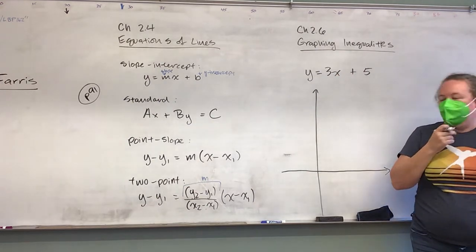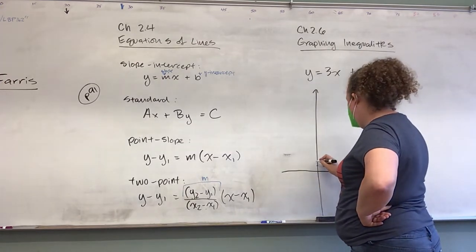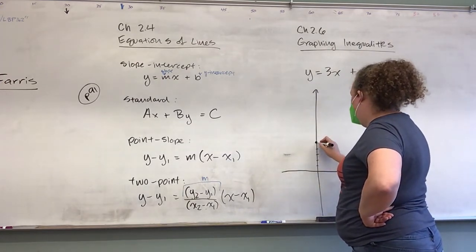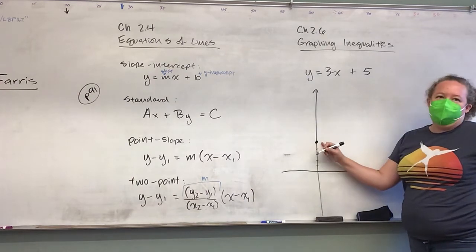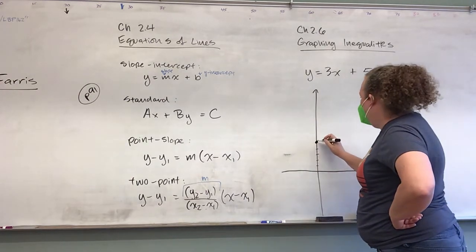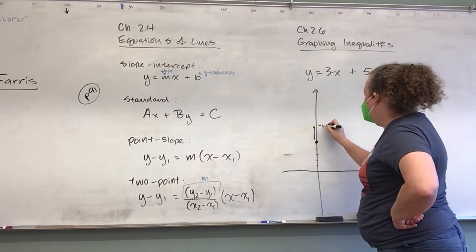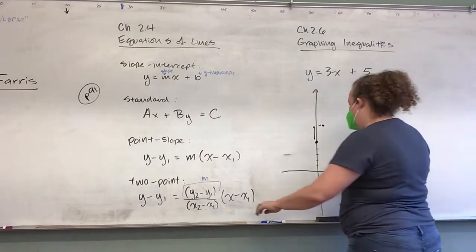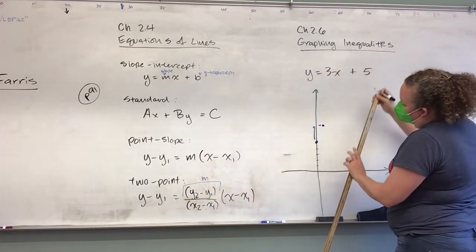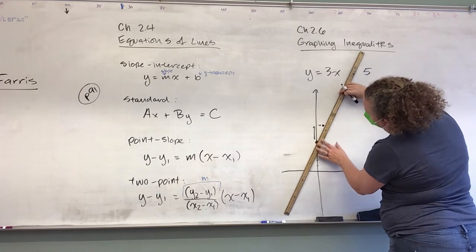You start at 5 and you go 3 over 1. That's right. So we start at 5 on the y-axis, and then we go up 3 and over 1, and now we have 2 points.